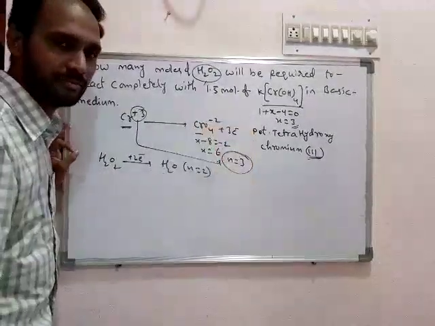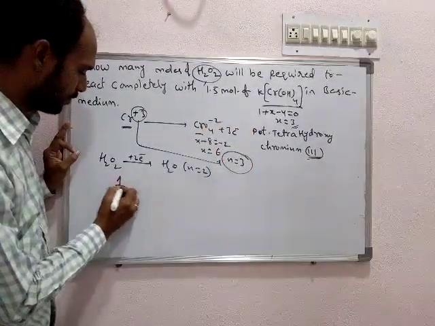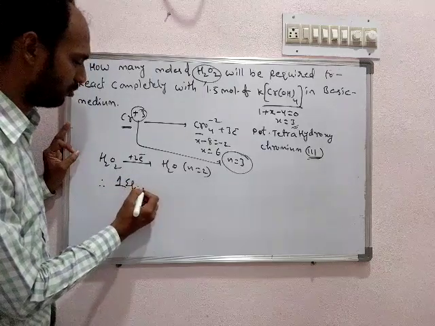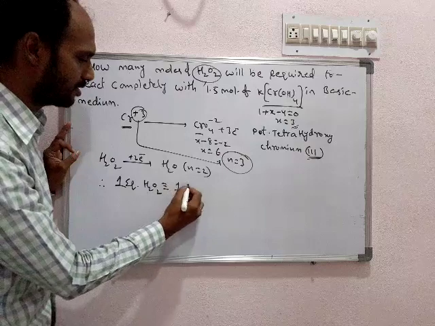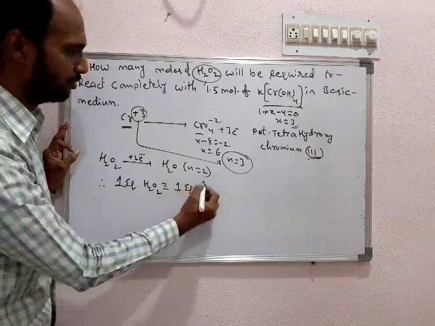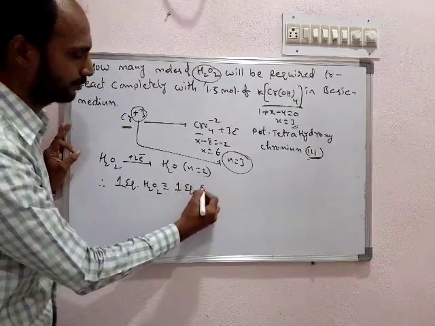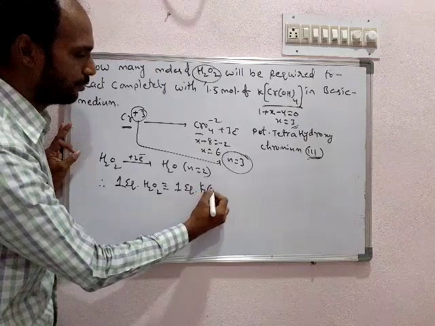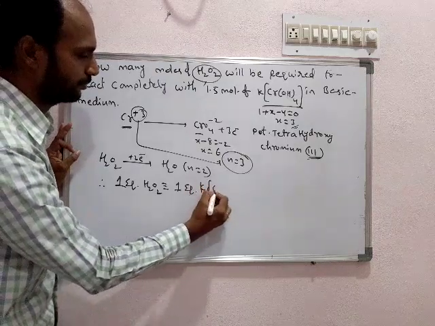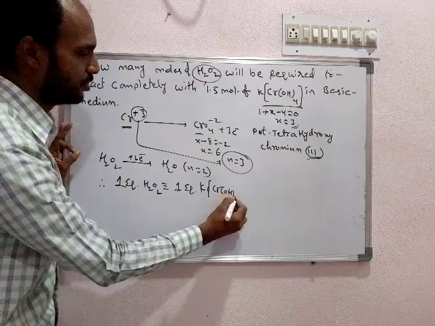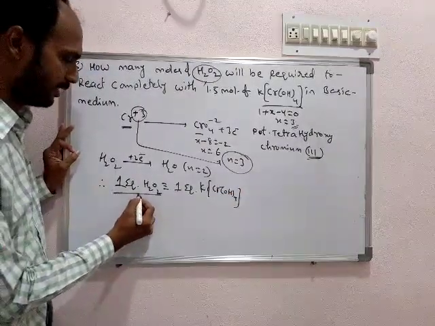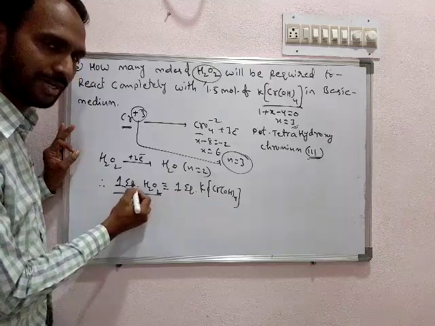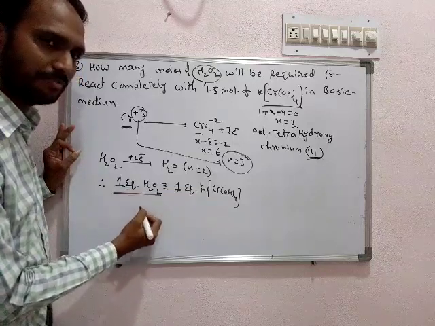One equivalent of hydrogen peroxide equals one equivalent of the chromium complex, where equivalents is weight by molecular weight by n factor.